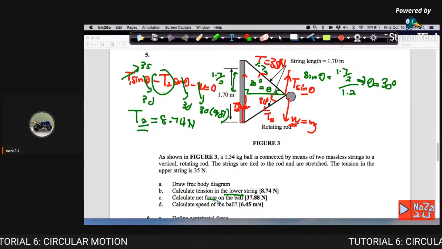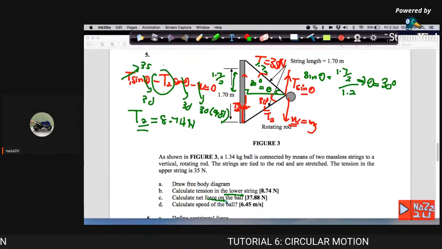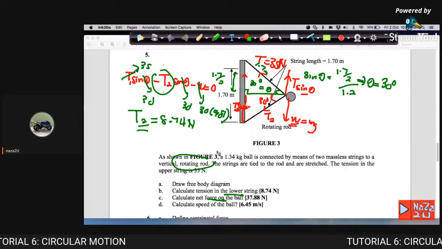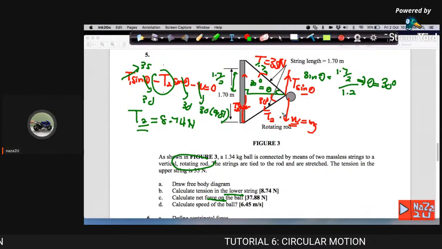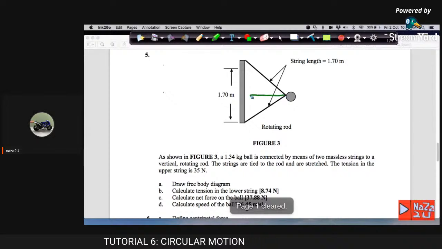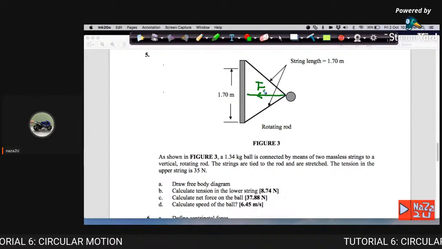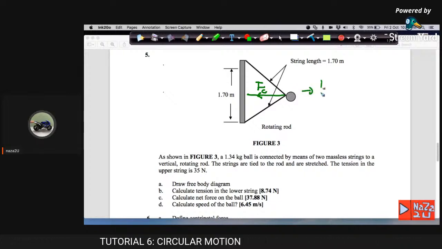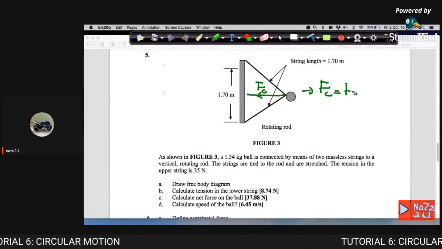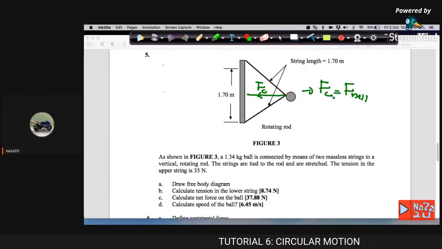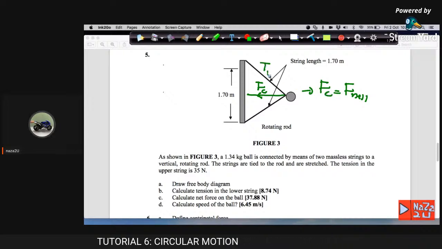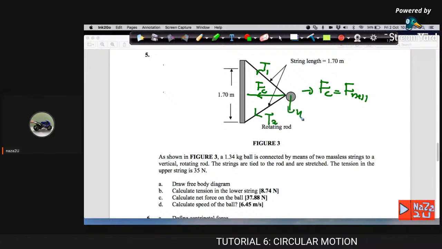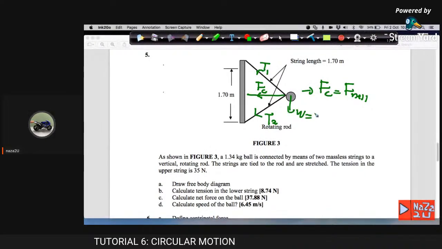So number C, calculate the net force on the ball. Okay, net force. If the object is rotating on the rod, meaning we have a centripetal force, or FC here. So FC here is equal to the net force, the net force that causes it to rotate. But if we look here, we have a tension T1 direction upward, and T2 direction downward, and we have also the weight force mg direction downward.